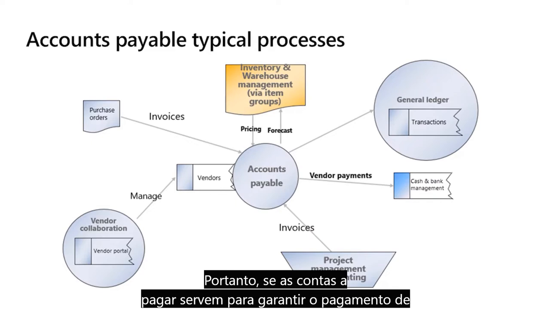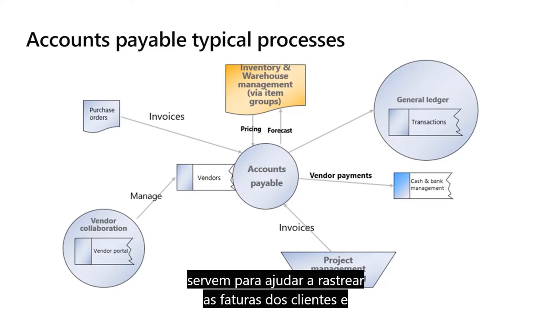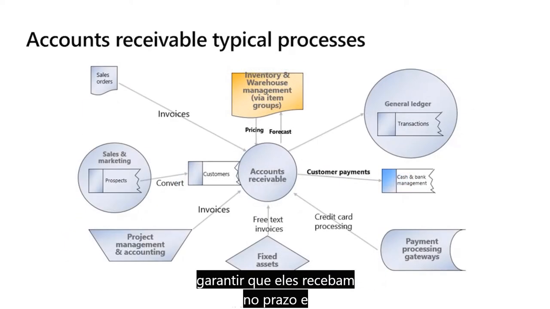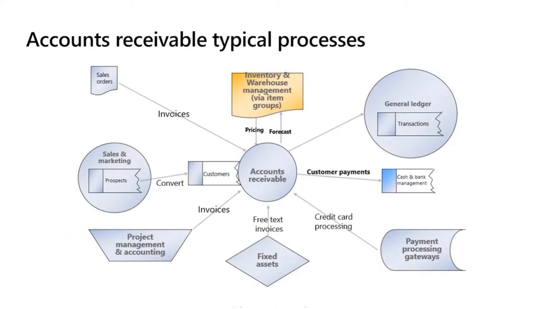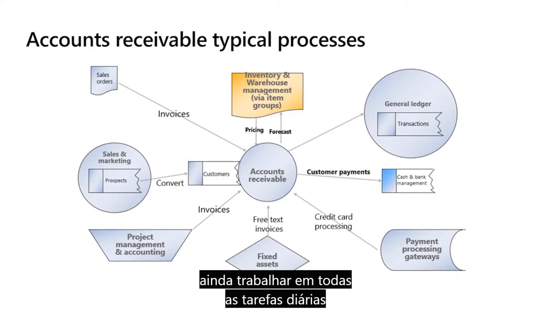So if accounts payable is to make sure that you're paying your invoices and your bills to your vendors, accounts receivable is there to help track your customers' invoices and making sure that they are paid on time and you're getting the correct payments. And within the accounts receivable module in Dynamics 365 Finance, you're able to create and manage customer invoices, their incoming payments, while still working on all of the daily tasks that your accounts receivable team would be doing.